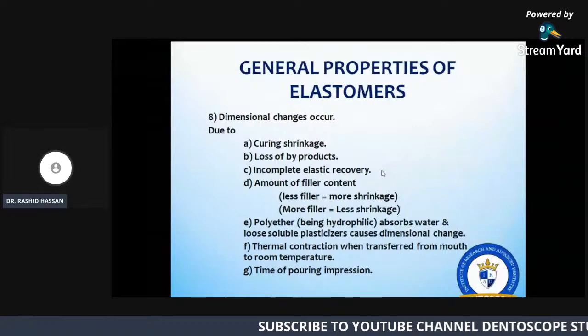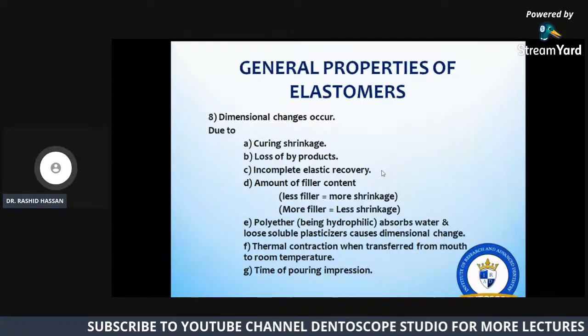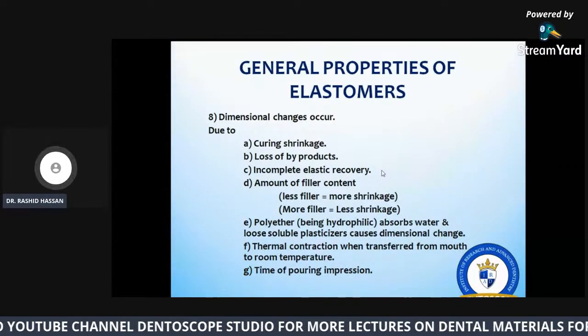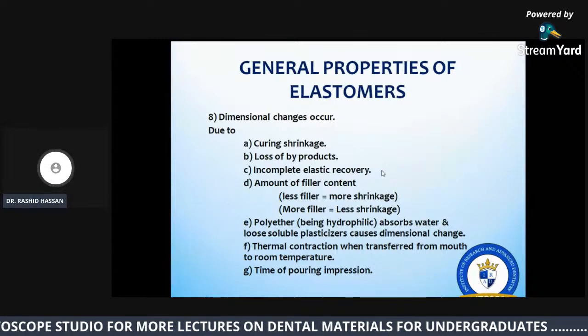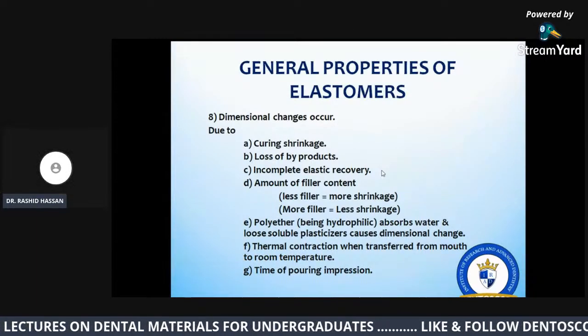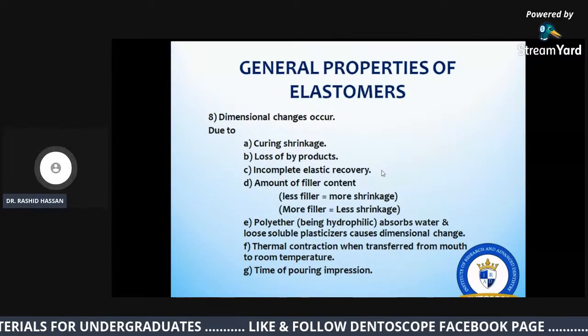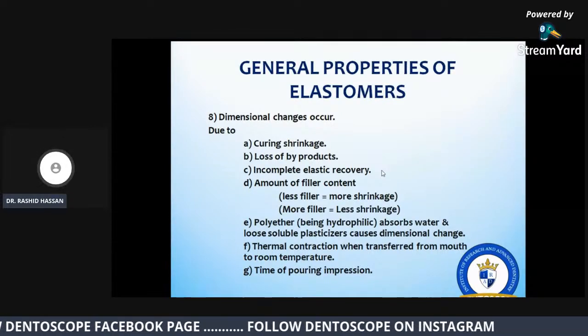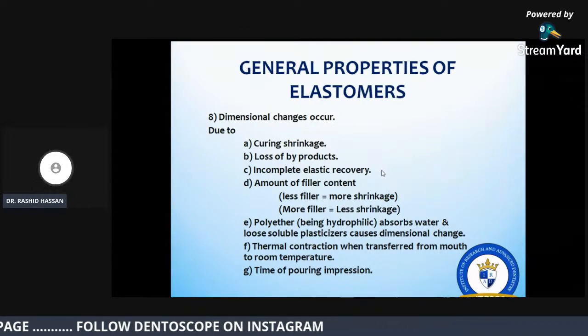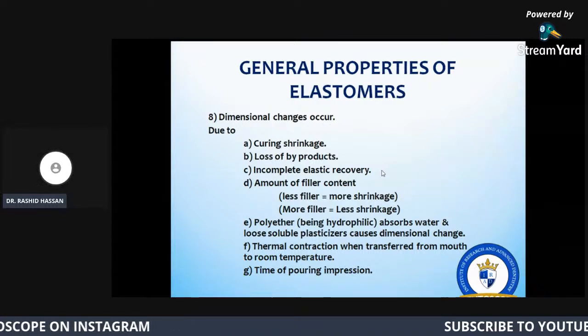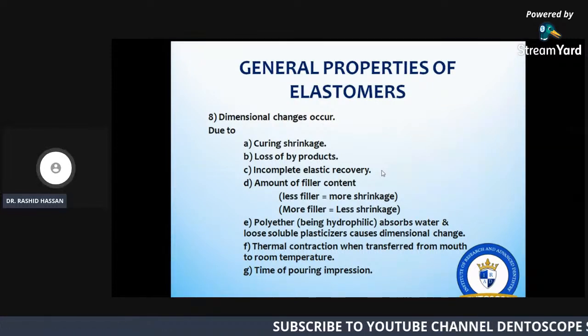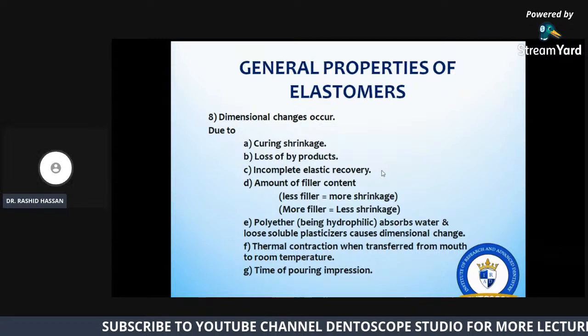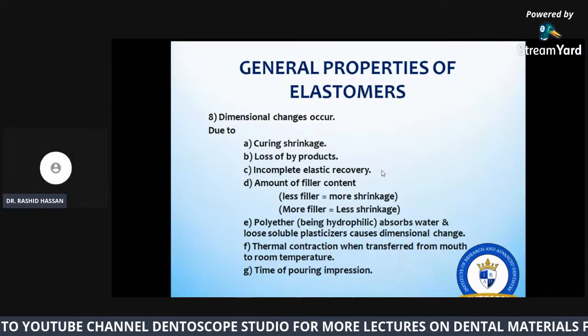In case the mouth is closed, the temperature is always going to rise. In the other case, if the patient is breathing through the mouth, the temperature is always going to be lowered. But still, there is a difference in temperature between the oral cavity and the outside environment, and this difference causes the dimensional change.